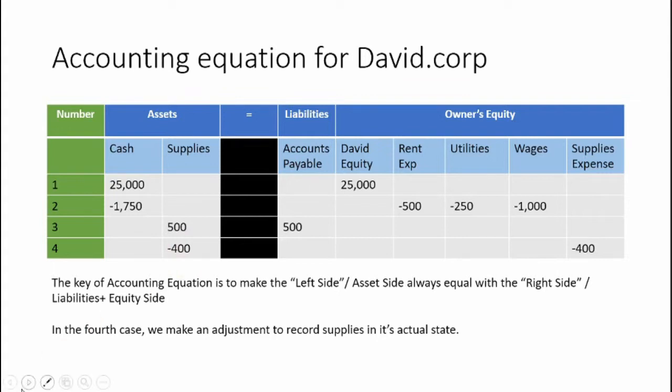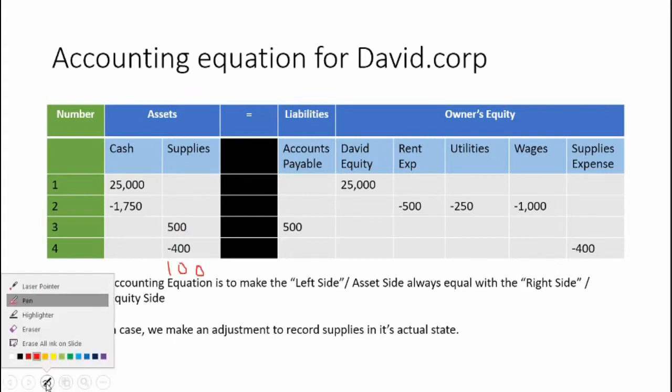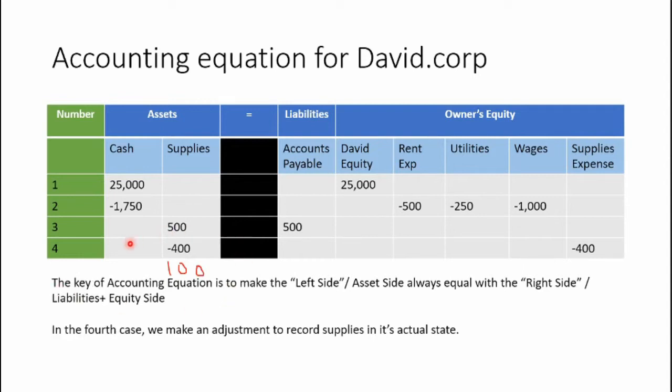I will write it here. So you need to make it $100 worth of supplies. That is why we record it with minus 400 here on supplies. And we also note it as a supplies expense here that reduces its owner's equity.